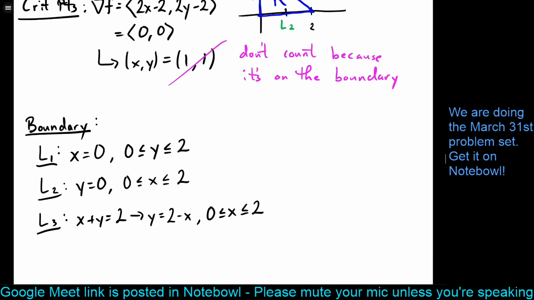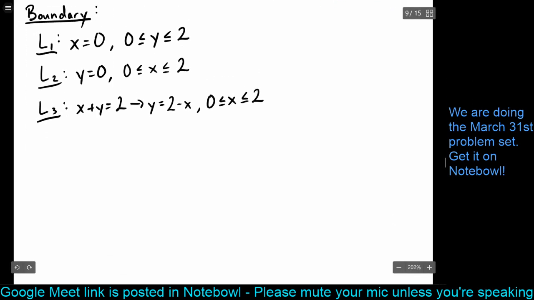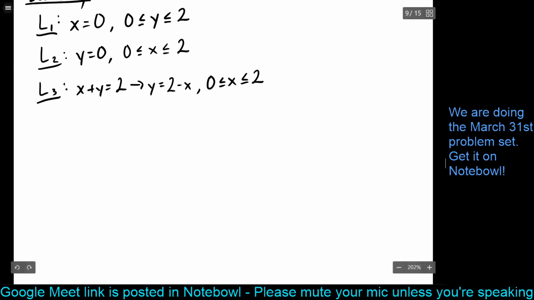So now I have equations for all 3 pieces of my boundary, and I'm going to use those to try and find any critical points. Well, let me call them candidate points that could happen on the boundary. So for L1, I'm going to call this new function G1, and it's going to be of y.